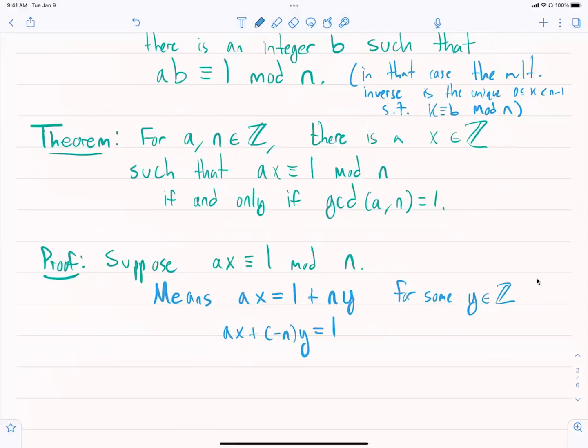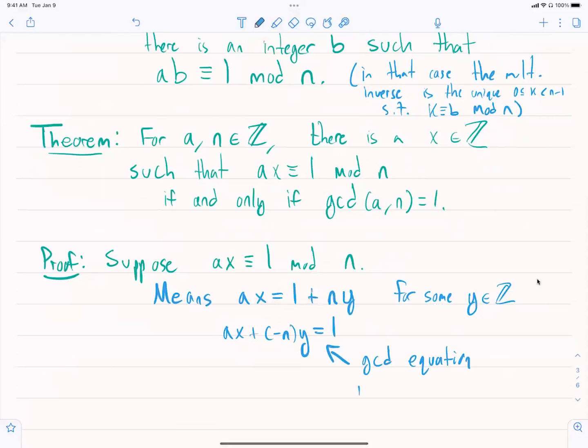Okay, and now we're done, because what you'll observe previously is that this is the GCD equation. Anytime we write down a linear combination with integer coefficients, we're always going to get a multiple of the GCD.